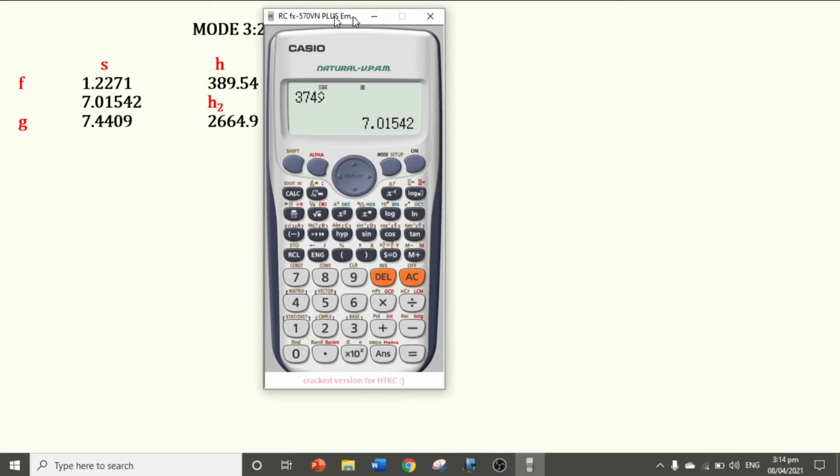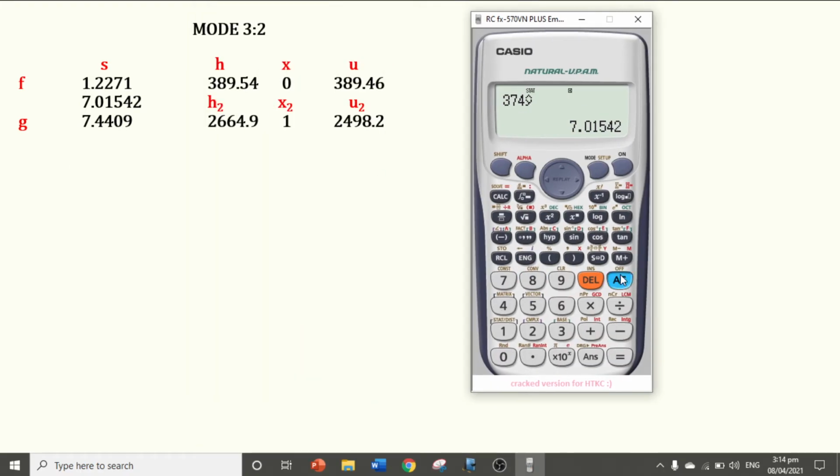So, solve muna natin si H2. Punta tayo sa mode 3 to 1.2271. Then 7.4409. 389.54. Then 2664.9.